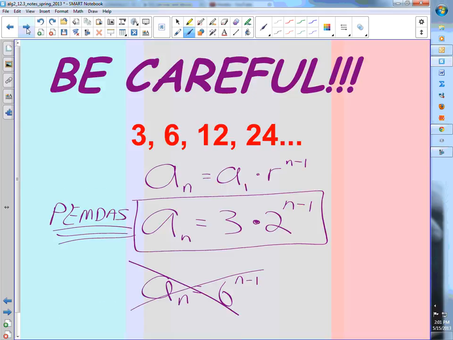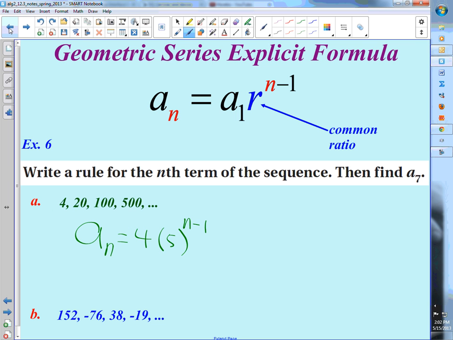For example, right here, this one is first term 3, common ratio 2, to the n minus 1 power. A very common mistake is to make that 6 to the n minus 1. You can't do that. Order of operations says you have to do exponents before you multiply, not multiply before you do exponents. Okay?